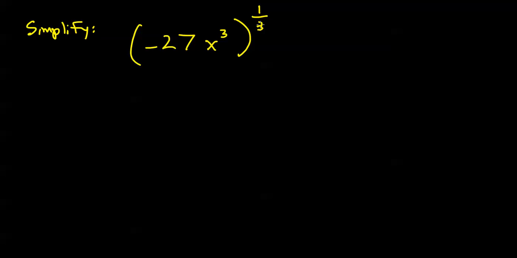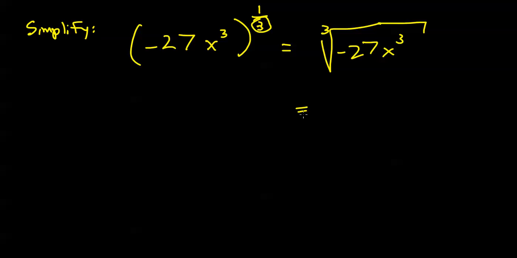If I've got minus 27x cubed raised to the 1/3 power, again, if your numerator is 1, a fractional exponent, all that means is you take your denominator index root. So I claim that's going to be the third root of minus 27 x cubed, and of course that turns into a minus 3x. Simple root example, right?